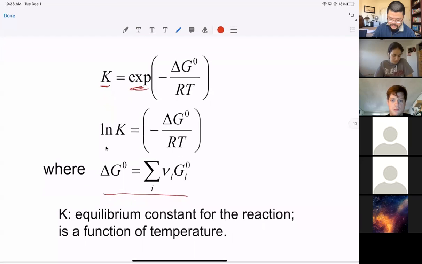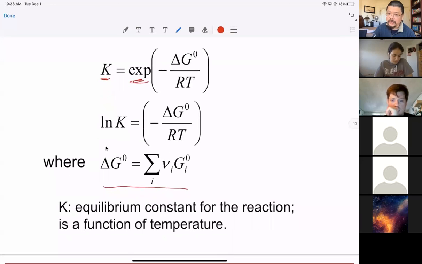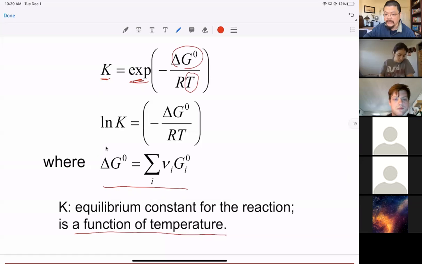I do want to emphasize that typically K is a function of temperature. Once I know the reaction, then this term shall be available to us at a specific temperature. But while you are going to change the temperature, then you are going to manipulate the K value. So the equilibrium constant is a function of temperature. We have to recognize that.